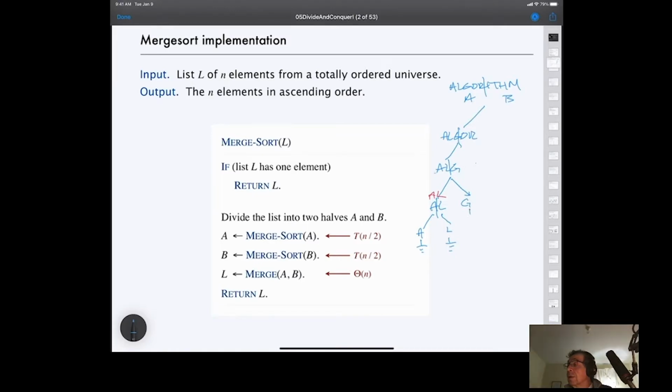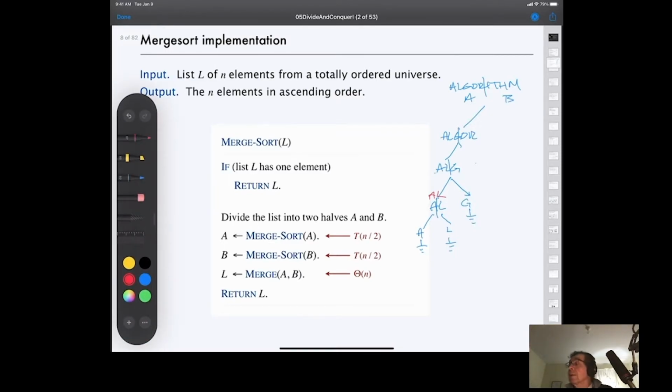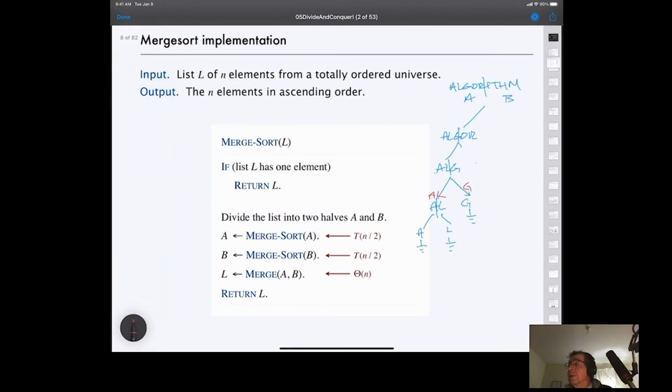But notice that when it returns at this point, we return the same element, we return G, and it is already sorted because it's only one element.